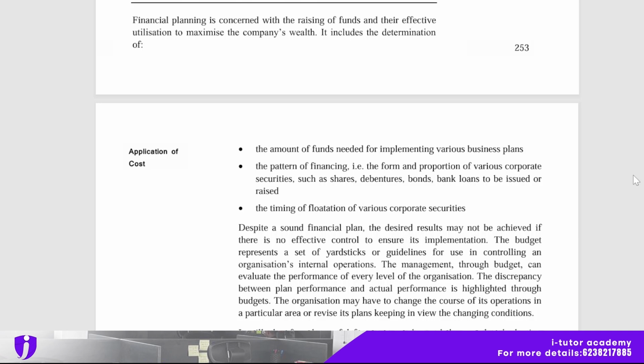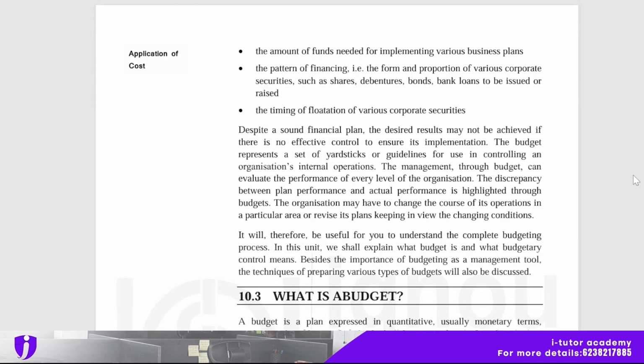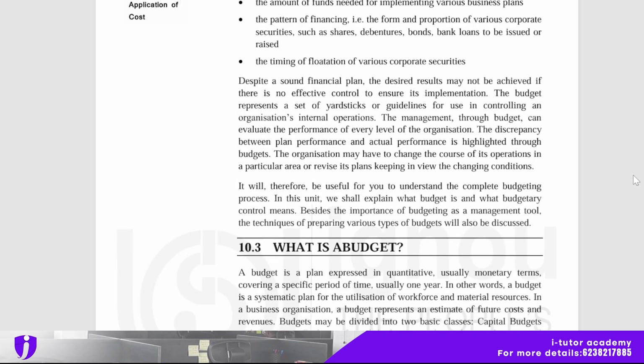It includes the determination of the amount of funds needed for implementing various business plans, the patterns of financing, the form and proportion of various corporate securities such as shares, debentures, bonds and bank loans to be issued or raised, and the timing of flotation of various corporate securities. Despite a sound financial plan, the desired result may not be achieved if there is no effective control to ensure its implementation.